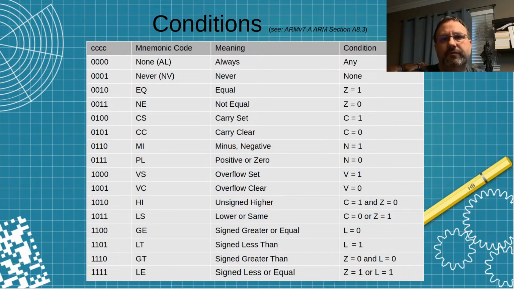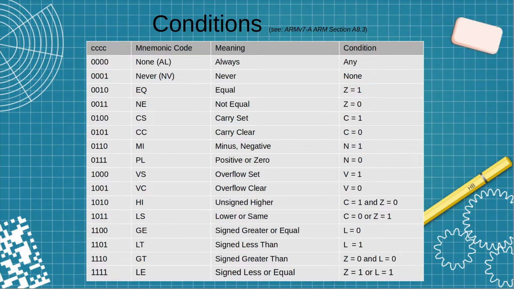So I can add if carry is set. I can subtract on less than or equal to, or I can do shifts based on whether or not carry is set or an overflow has happened. So from that perspective, I believe it opens up a whole realm of additional possibilities here for instructions.